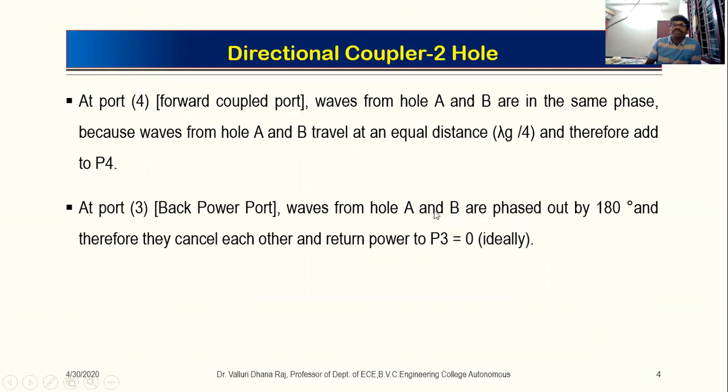So holes A and B in the reverse direction, the wave will have a phase difference of 180 degrees because of the two holes, and as a result both will be cancelled.